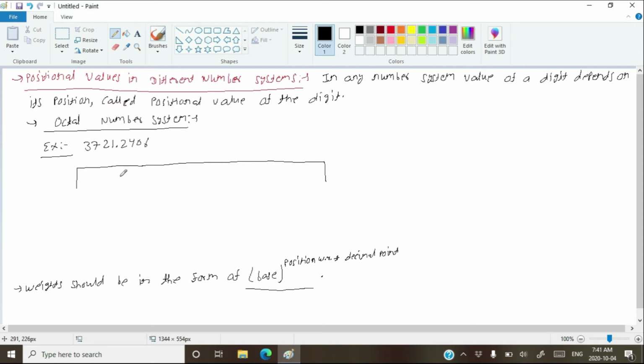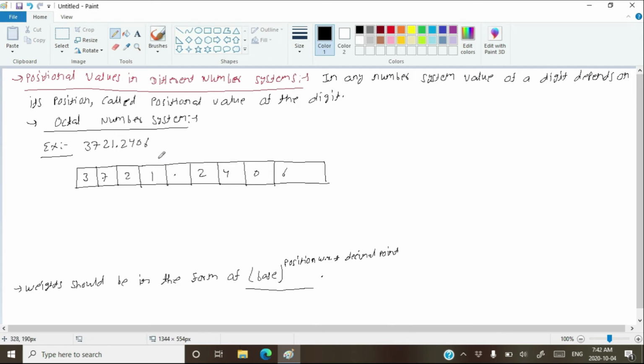Each digit in the octal number system is called an octal digit. So we have 1, 2, 3, 4, 5, 6, 7, 8 and 9. We have 3, 7, 2, 1 dot 2406. Again, provide them weights. How you will provide them weights?